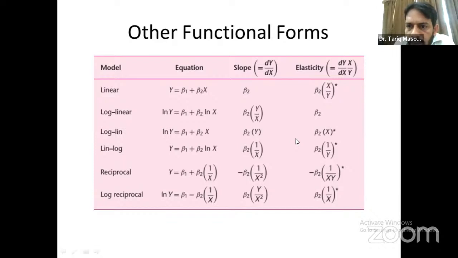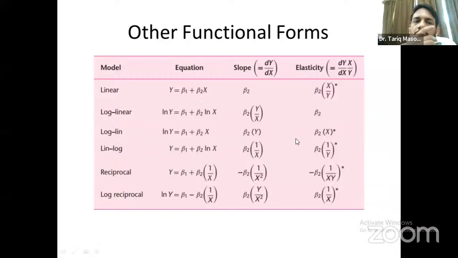It's true, there is a response by Sayre. Change in y due to change in x. dy by dx is change in y due to change in x. Now, basically, it is change in y due to 1 unit change in x. Once there is 1 unit change in x, y changes by beta 2 unit.